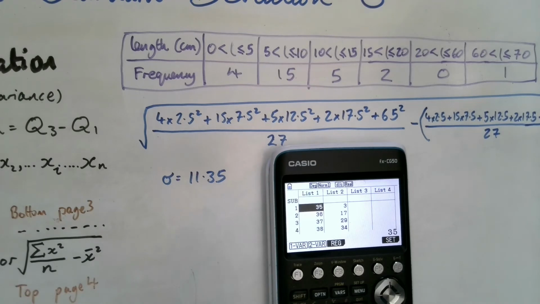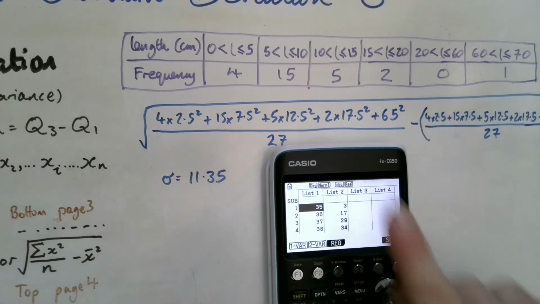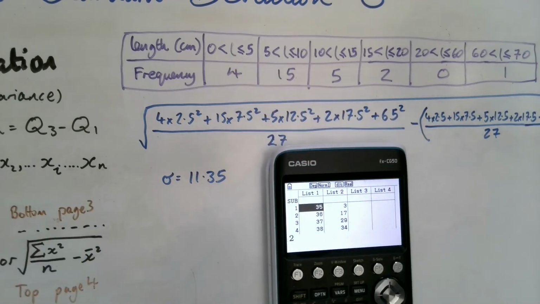What I have to do is the halving bit myself, finding the midpoints. So I just do 2.5, 7.5, 12.5, 17.5, 40, but there's none there, and then 65.